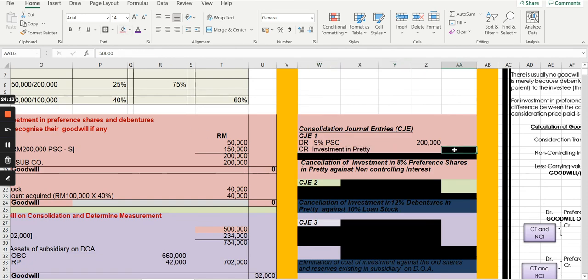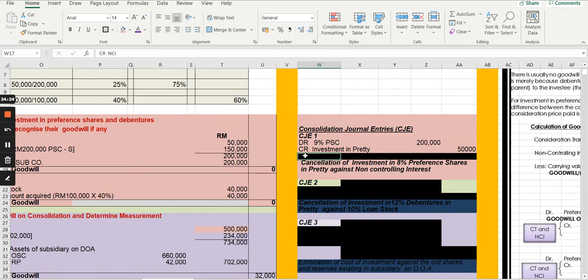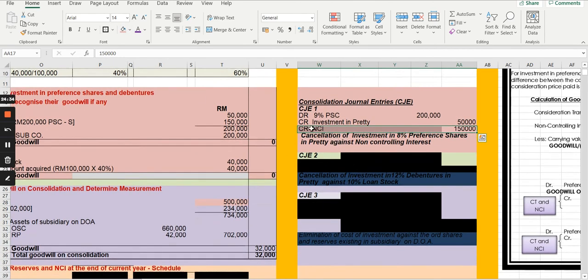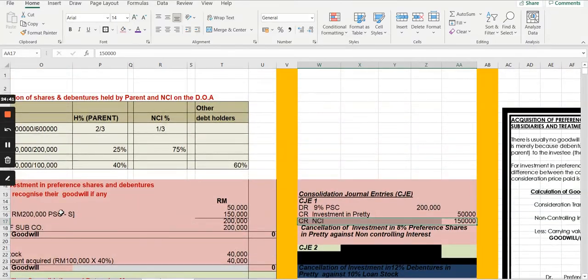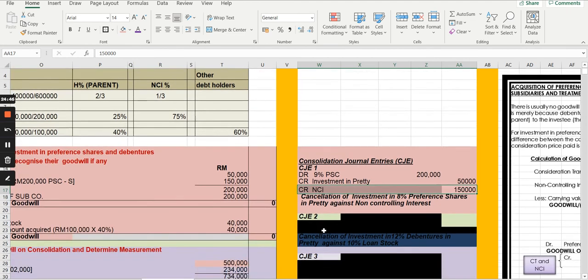Credit the investment, because you acquired only 25% of the preference shares, for 50,000. The remaining 75% that was not acquired is the one held by the non-controlling interest. So the NCI was 150,000.